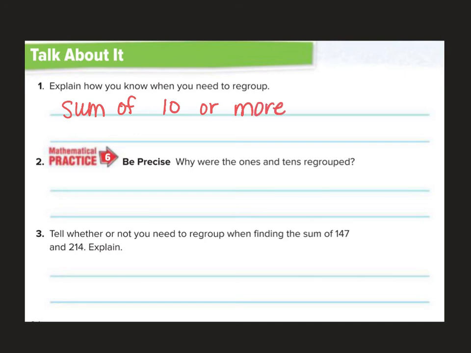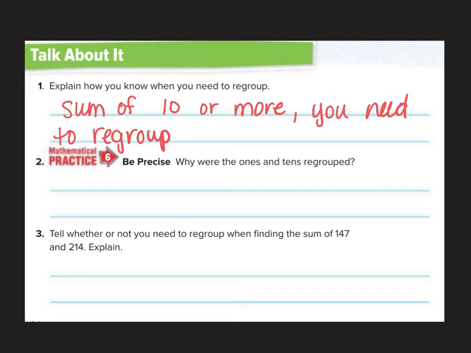And why is it 10? Because 10 is 2 digits. So when you're adding and you get a sum or an answer of 10 or more, you need to regroup. Because you can only put one digit in your answer. So you need to regroup it if you get 2 digits for an answer.